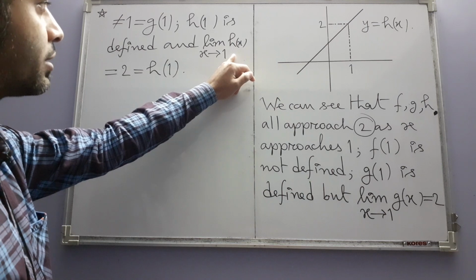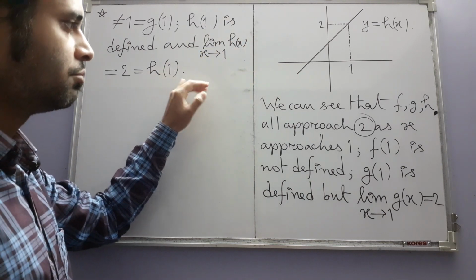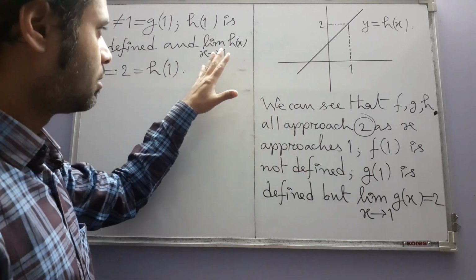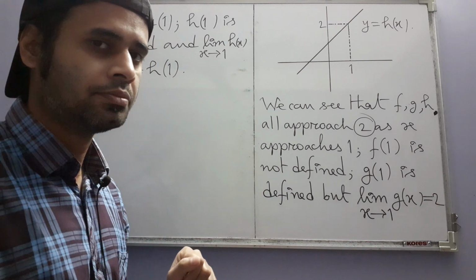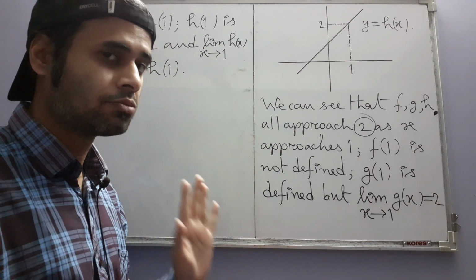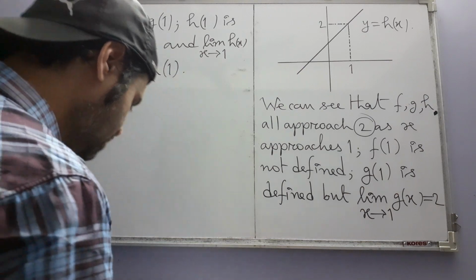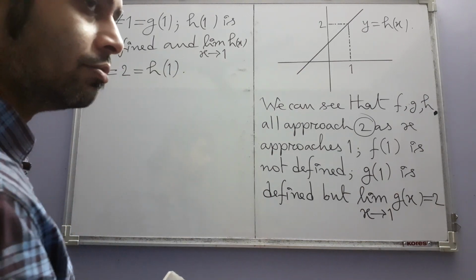And this type of functions, where the limiting value and the value of the function, which is also defined, are equal, are somewhat special, and we will see about them in section 1.5. So that will come. They have something to do with continuity.